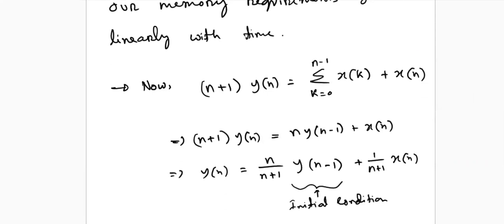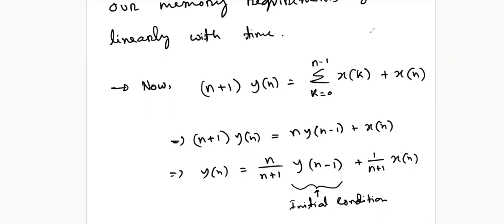Now it can also be written, that means the previous equation was like this. Let me write it. yn equals 1 by n plus 1 times x n minus k.